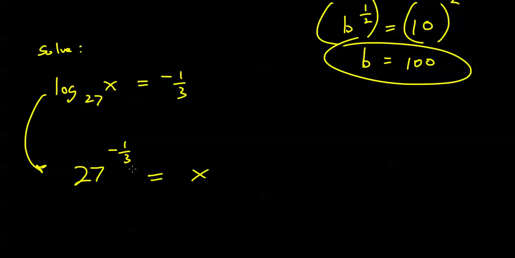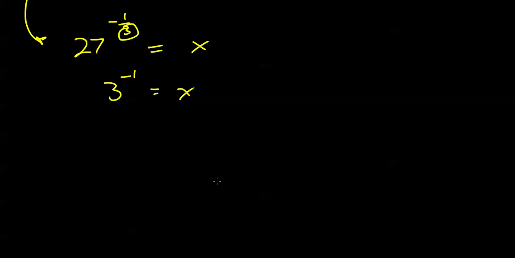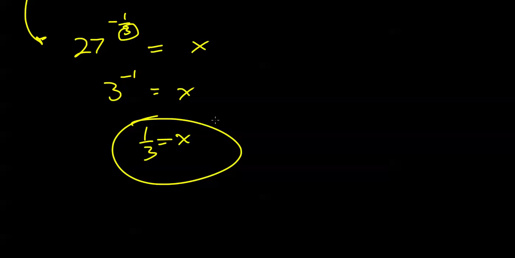And remember, when you've got fractional exponents, denominator root, numerator power. The third root of 27 is 3. And 3 to the minus 1 then is 1/3. So x equals positive 1/3.